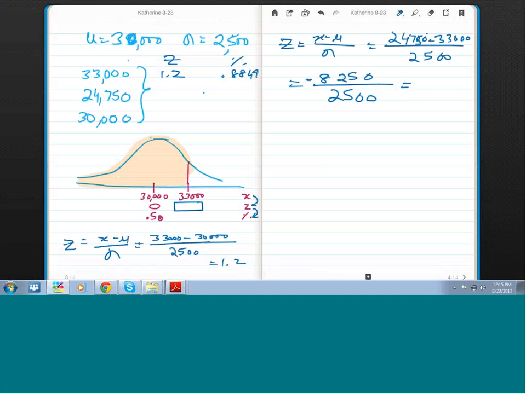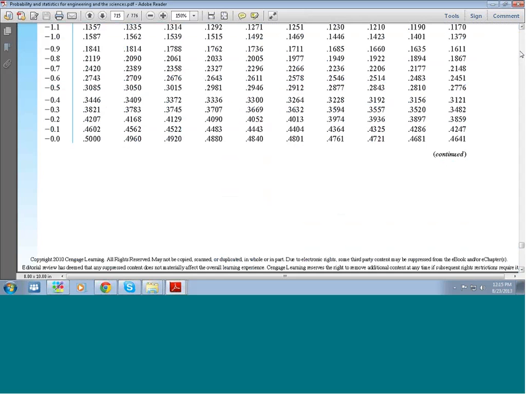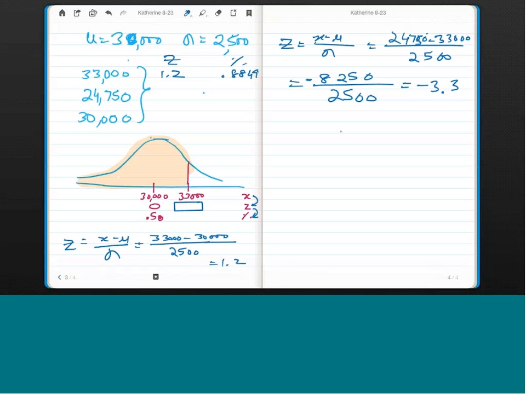So that would be negative 3.3. So you can look up your chart again. Negative 3.3. Here you go. It's 0.0005. So the percentile is going to be 0.0005, and z-score is going to be negative 3.3.